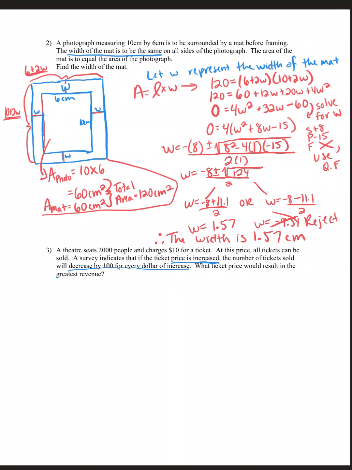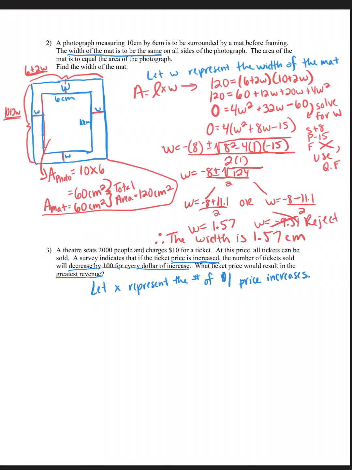Okay, so we have a couple things here. We have greatest revenue. When we think of greatest, we should start thinking about what that means. If we're talking about price increases, let's let X represent the number of $1 price increases, because they said they're going to make increases in increments of $1.